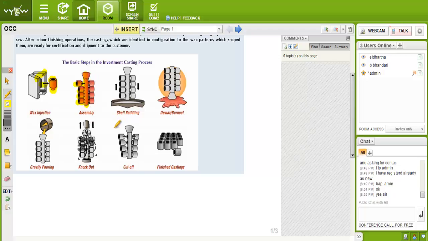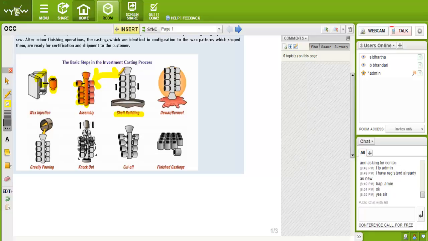Okay. Now we dip it to build a shell. Suppose we dip it in a concrete or a solution of cement or plaster. When we dip it, the plaster is attached to it.